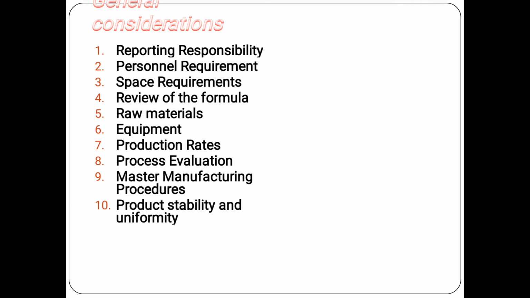It should have uniform size, uniform weight, or whatever the content is. So the uniformity and product stability have to be maintained, and ultimately this is achieved by following GMP. So the GMP consideration, good manufacturing practices, is very much important.